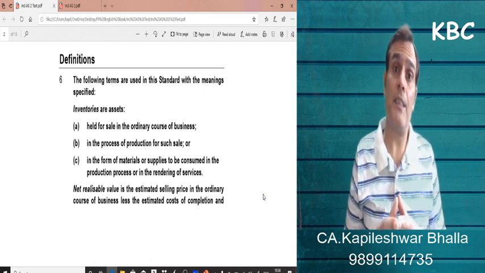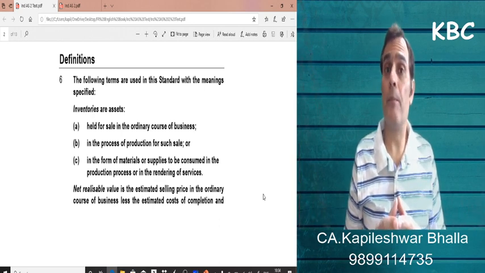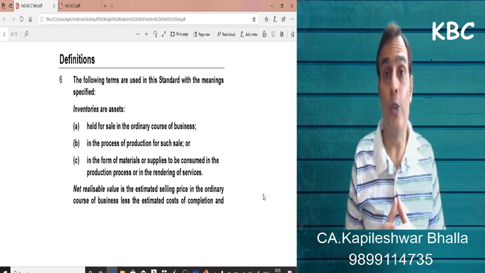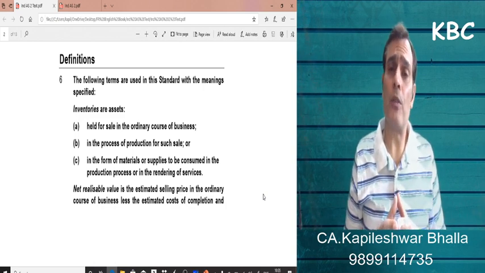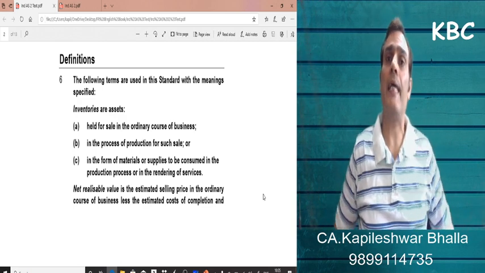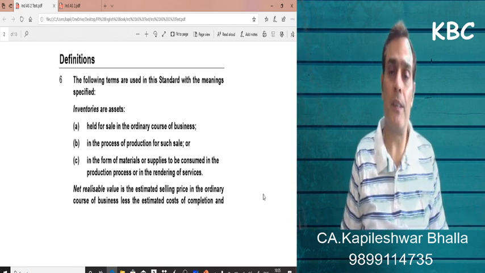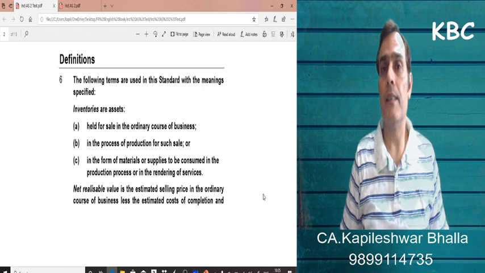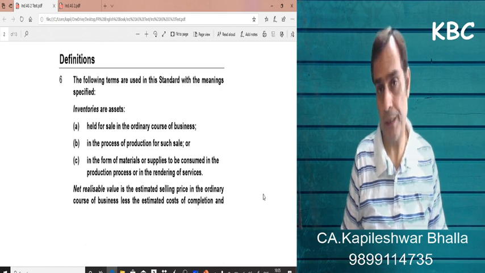So in those cases, when it is convenient and the results would approximate the cost, the standard also allows us to use certain non-historical cost methods. Now, the historical cost methods are first in, first out, and weighted average. And the non-historical cost methods are the RIM, that is retail inventory method, and the standard cost method.